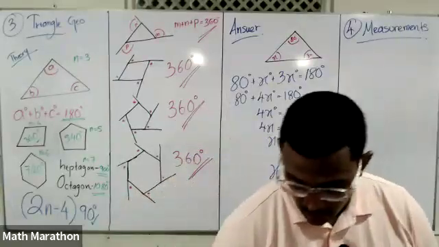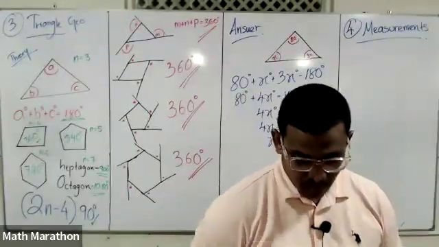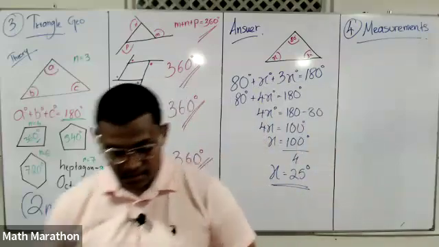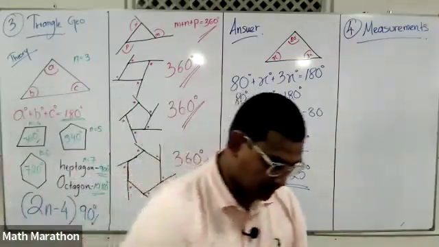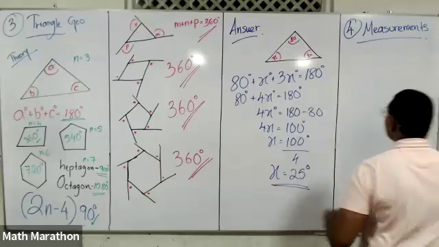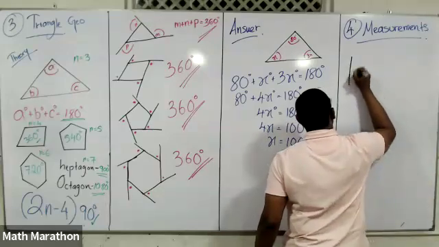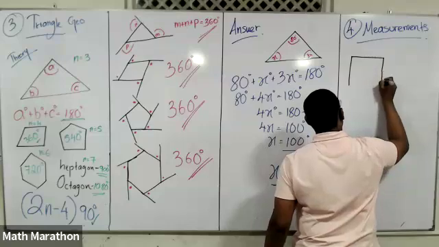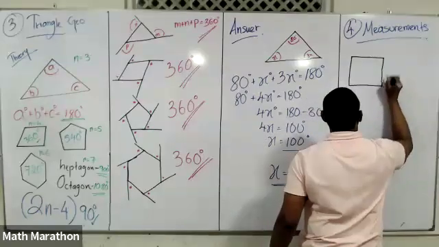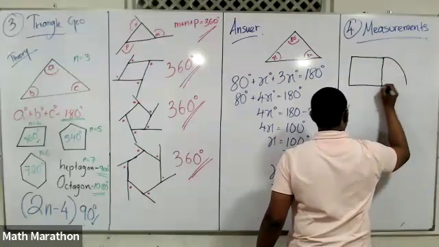Okay. So here, what we are talking about is a figure: a square and a quarter circle.